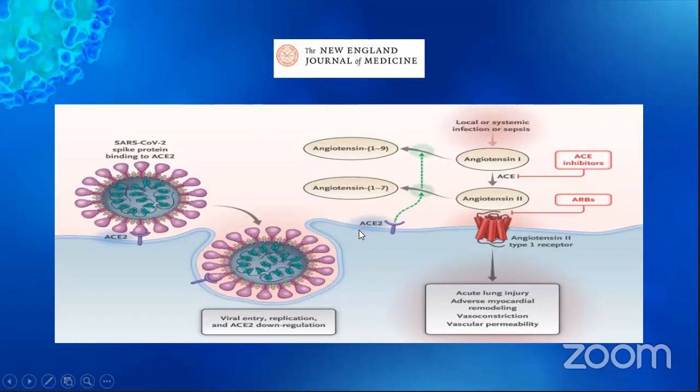And the second effect, because it is controlling the ACE2 receptors, they will be down-regulated. And after down-regulation, what will happen? The angiotensin 2 level will increase. We'll come to the next slide and I will explain the further details of this mechanism. And this angiotensin 2, finally, will cause acute lung injury, adverse myocardial remodeling, vasoconstriction, and vascular permeability.